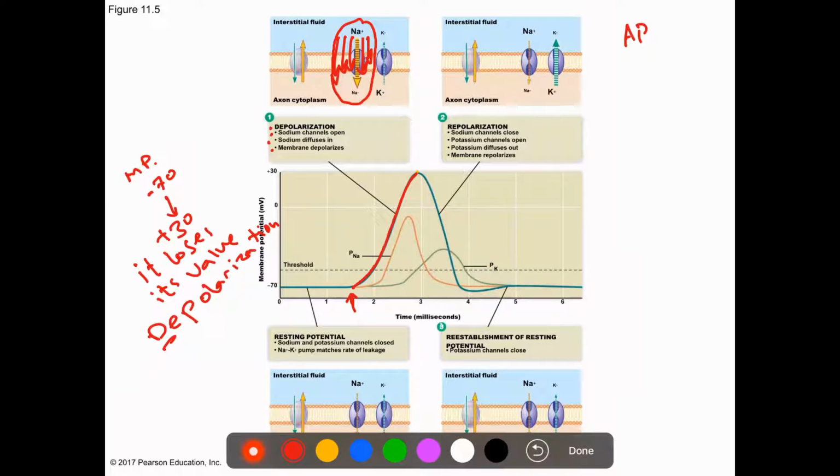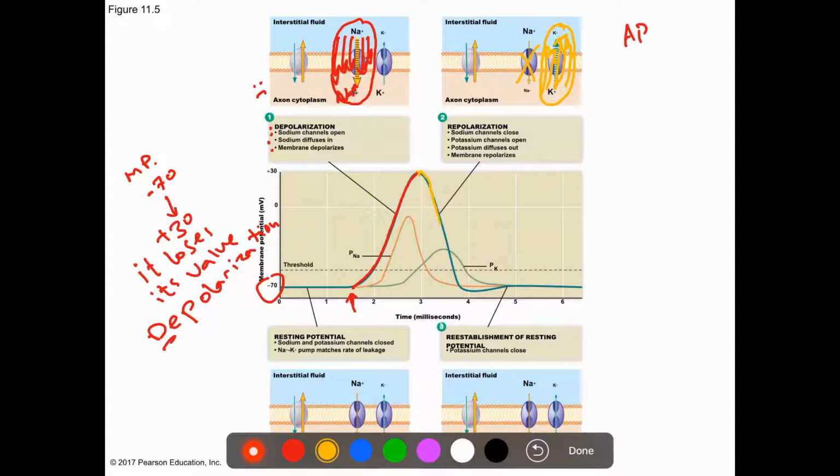But remember, neurons do not like a lot of sodium inside. So the neurons now are not happy, and they want to stop this and also to restore the minus 70. What they will do is close the sodium gates and open the potassium gates now. Remember, they have a lot of potassium inside, so they will let it leave the neuron.